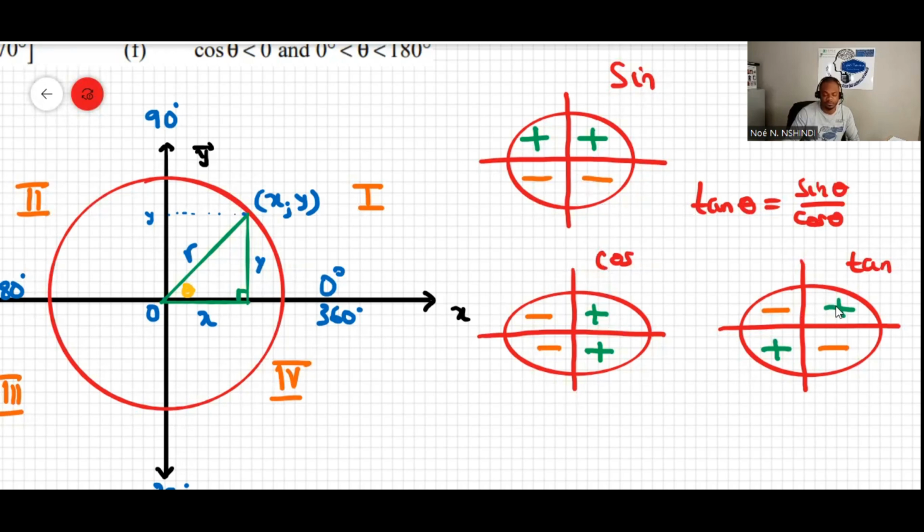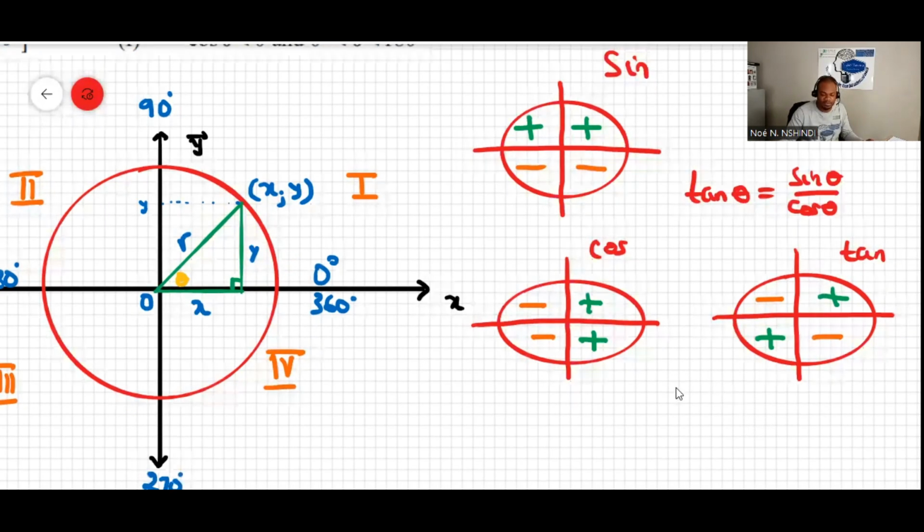And over here, sine is positive, cos is negative. Positive over negative is negative. Over there it's negative and there also negative. Negative over negative is positive. And then there sine is negative, cos is positive. Negative over positive is negative. So this is one of the tricks to remember the signs of these trig functions in the quadrants.